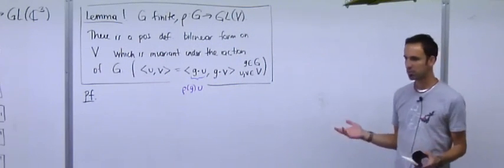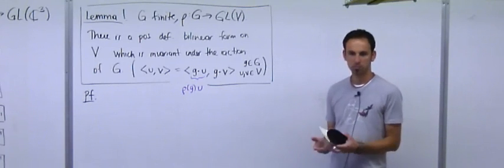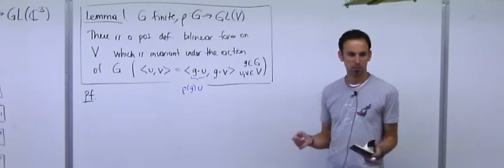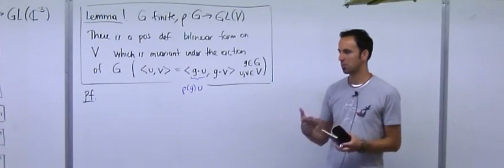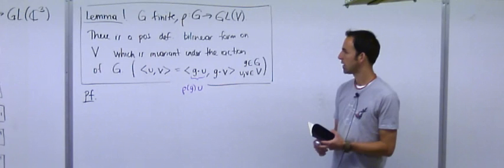Well, this is actually a pretty simple question because V is just some vector space, right? And you're free to choose a bilinear form on it. Okay? And so what you can do is just say, well, pick a basis, make it orthonormal.